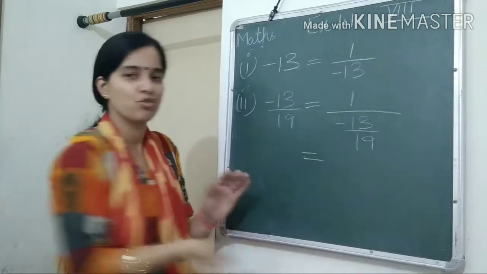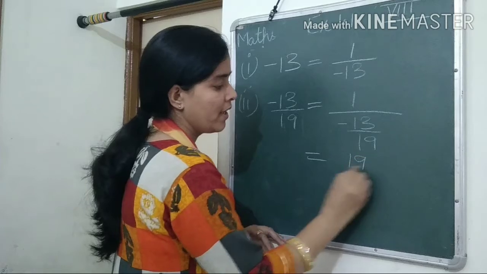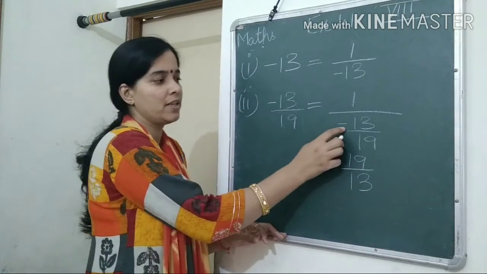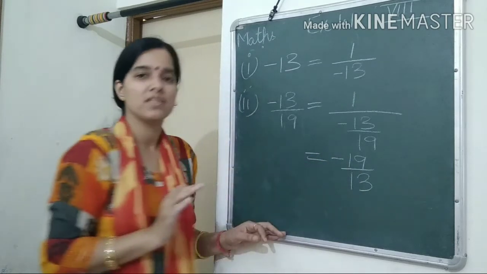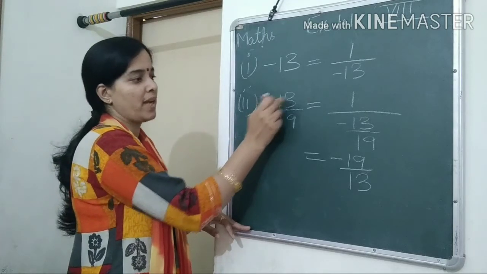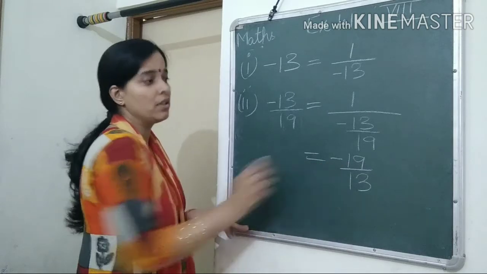You just take the reciprocal of the number given in the denominator. It will be 19 upon 13. And as I told you, the negative sign you can put anywhere, upside or downside, both mean the same. So the multiplicative inverse of minus 13 upon 19 is equal to minus 19 upon 13.